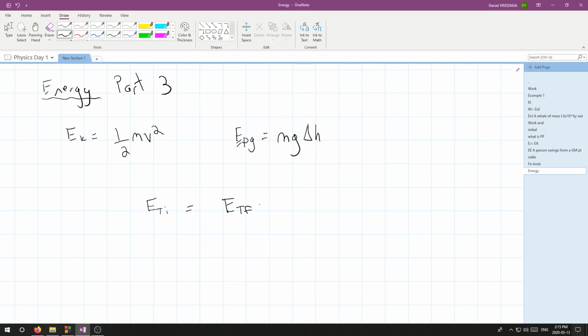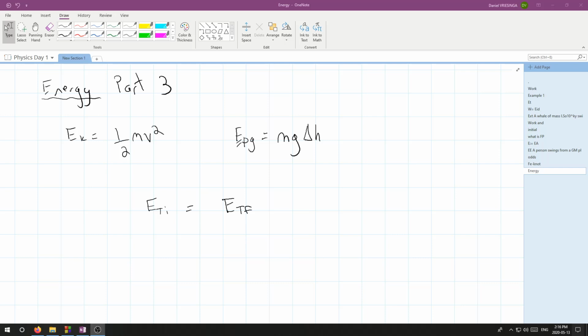This isn't the whole story though. The total energy initially is equal to the total final energy in a perfect system. So the total initial energy equals the total final energy in a physics situation, but not in real life.